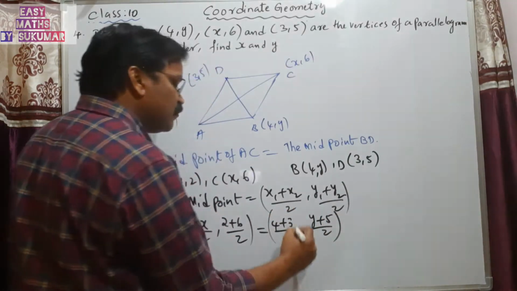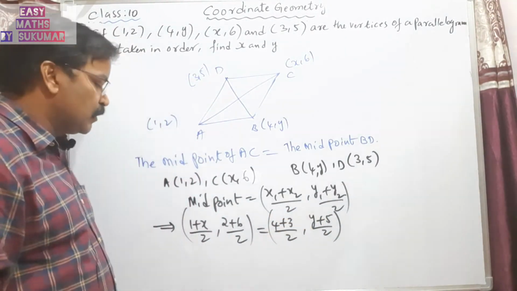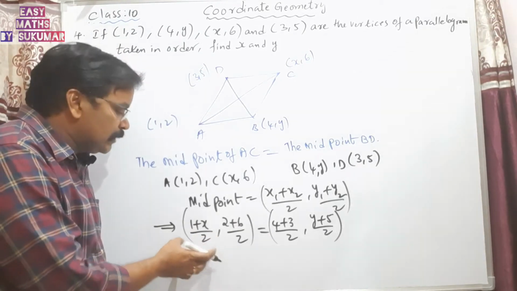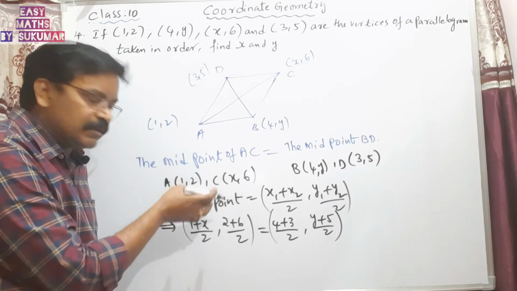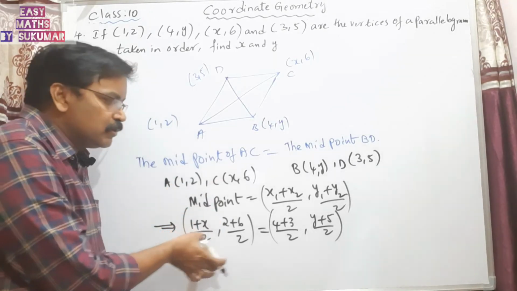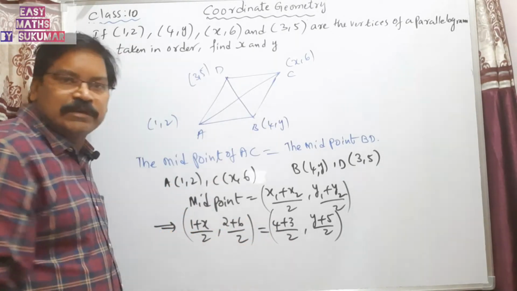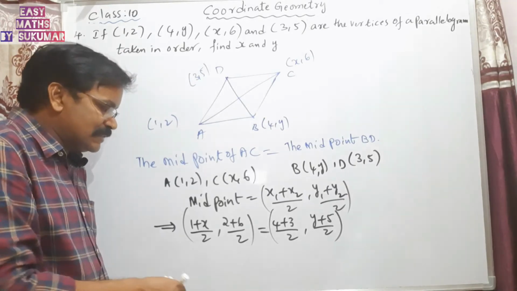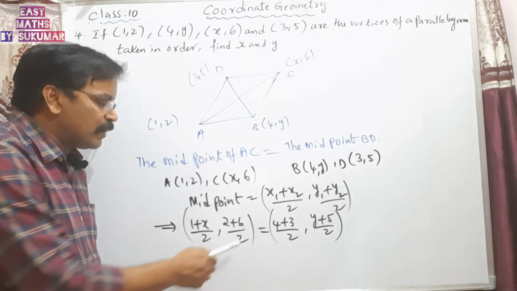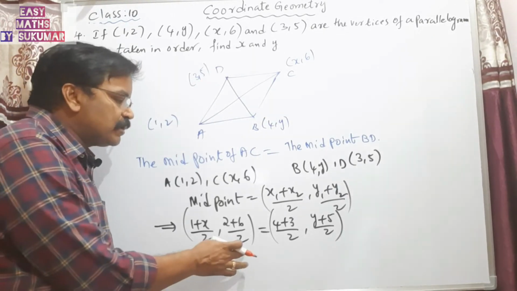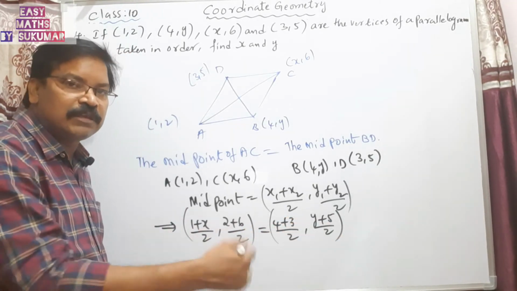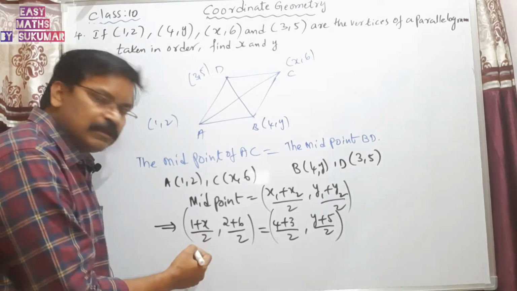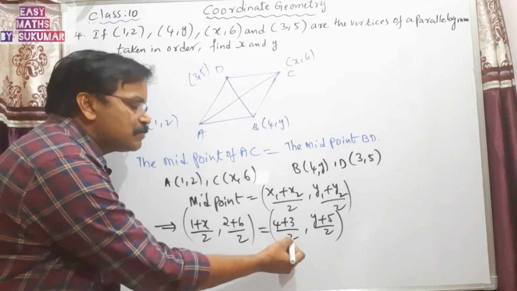Just look here, this first coordinate should be equal to this first coordinate. Similarly, this second coordinate, the y coordinate, the ordinate, should be equal to y plus 5 by 2, the ordinate of the RHS. So the abscissa should be equal.